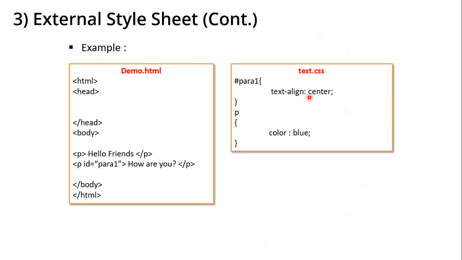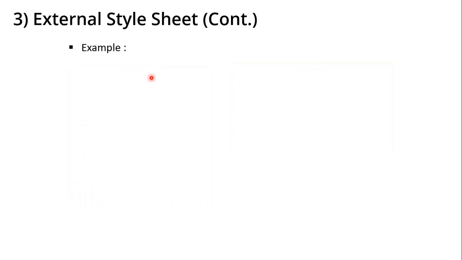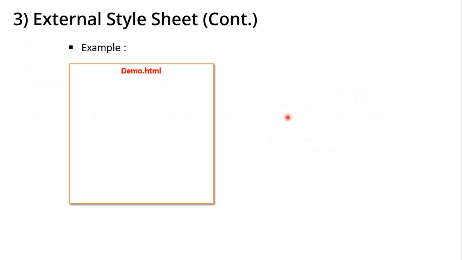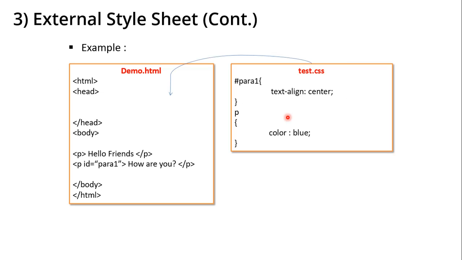Now this text.css I will use in this demo.html using link, that is mentioned over here. So which tag am I using? Link tag. See here, text.css. I am using link, rel is stylesheet, type is equal to text/css, and href, that is for link, that I have explained in the HTML lecture.